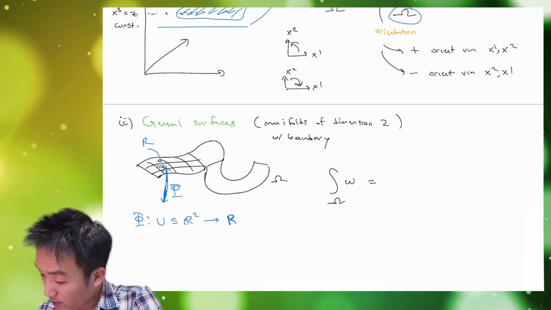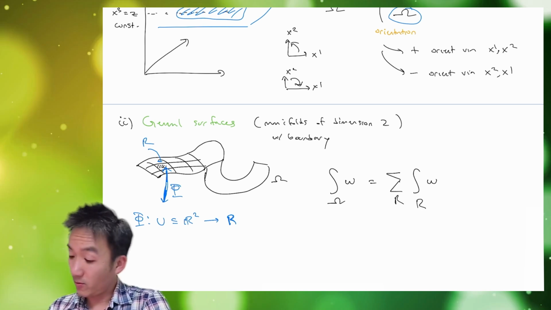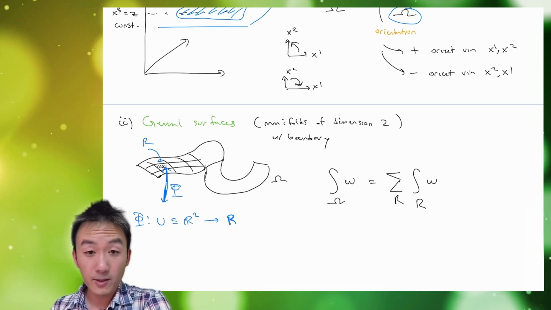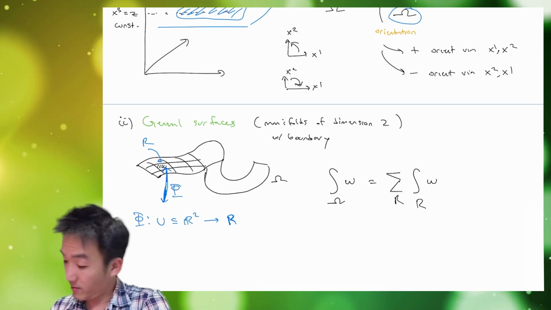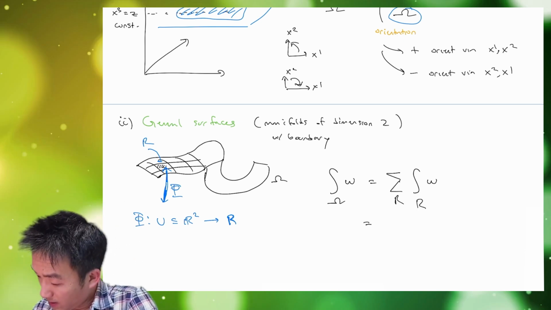What we do is we now write this as a sum for each of these disjoint regions, okay? Because an integral is just the sum over the integral over the individual disjoint patches. And then on each of these, we can do a pullback.